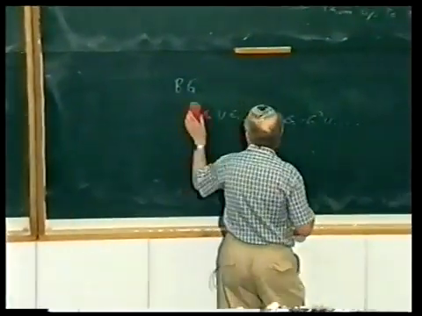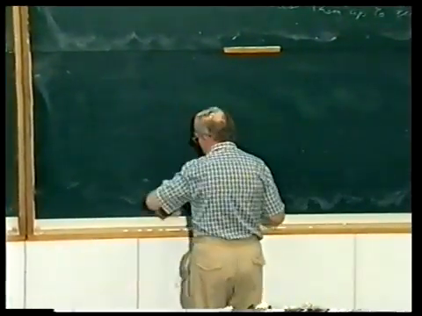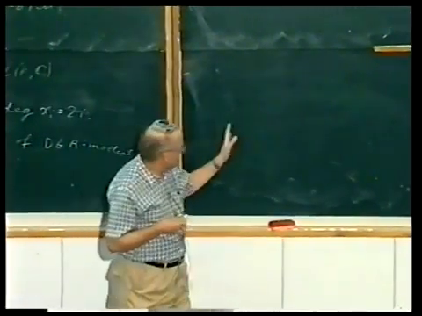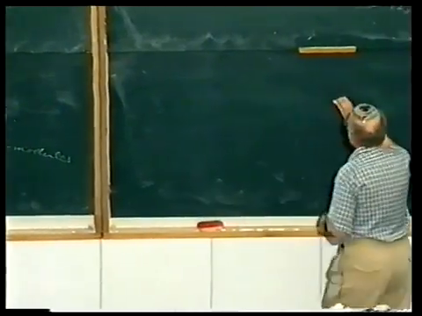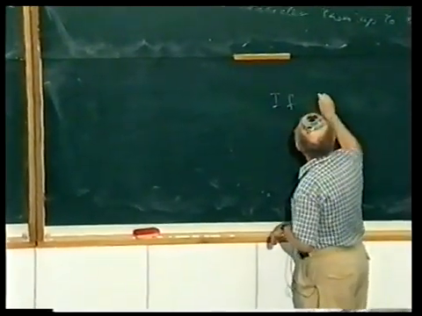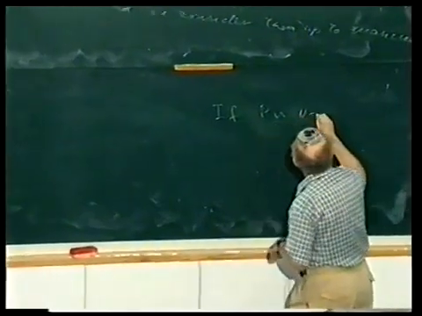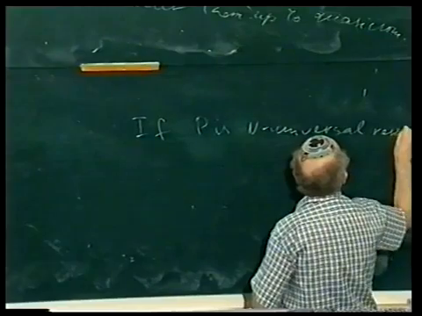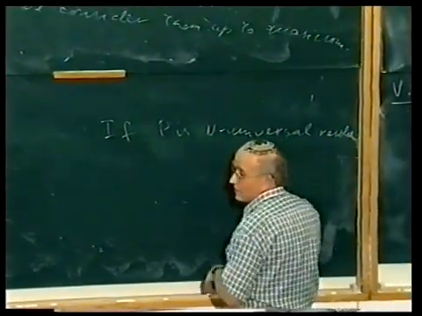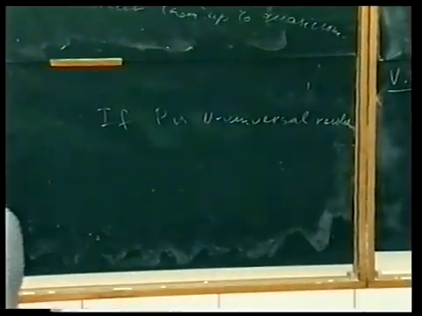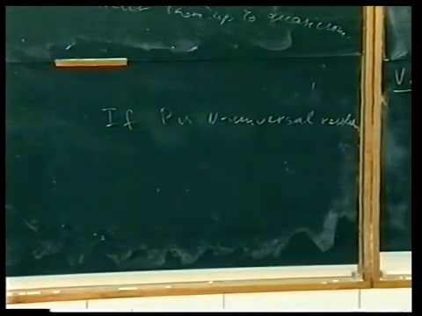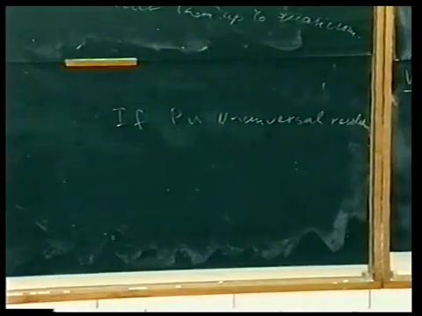So all this construction was in order to give descent data. For instance, if P is a universal resolution, just in the way which I described, then if you give descent data, you can define f by descent data if f is supported in degree n.